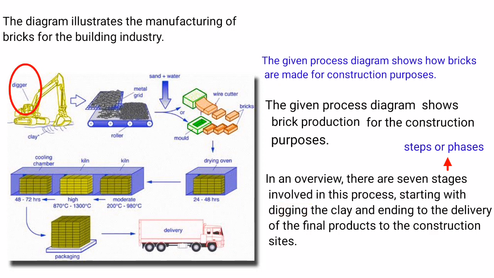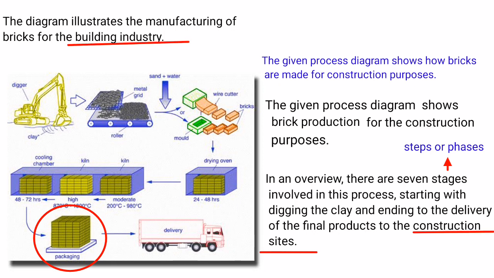We can't say here "starting with a digger" because we need to talk about actions, not about equipment or devices here. Okay? And finally, I have written "ending with the delivery of the final products to the construction sites". Here I have used "final products" for bricks that are produced and "construction sites" for building industry.